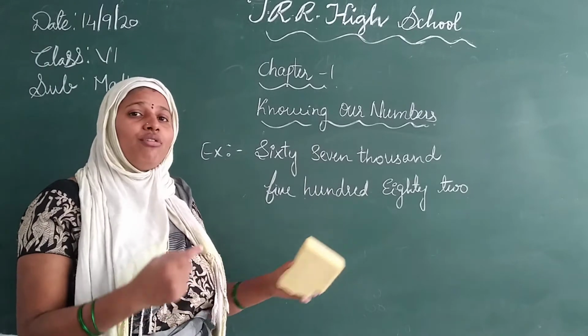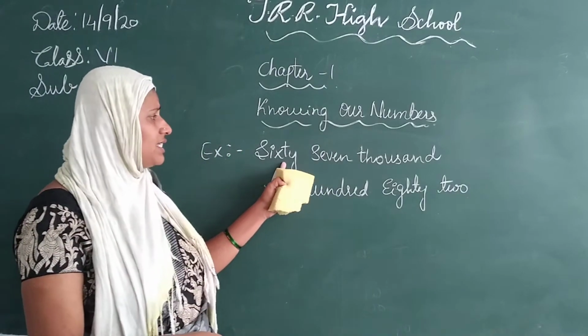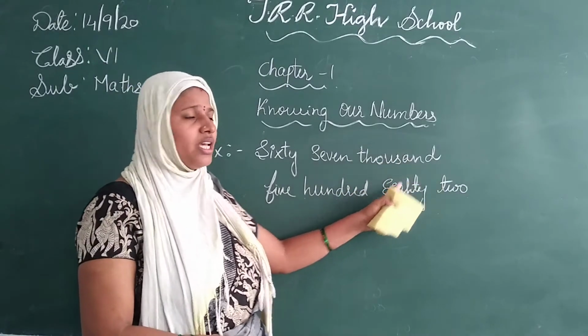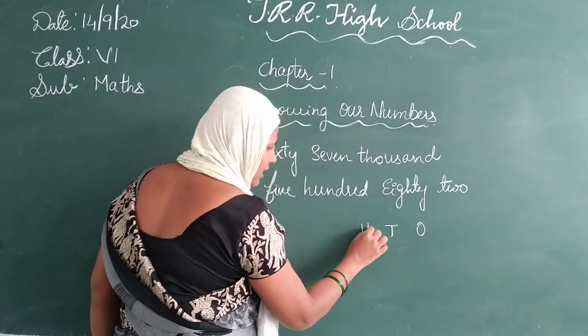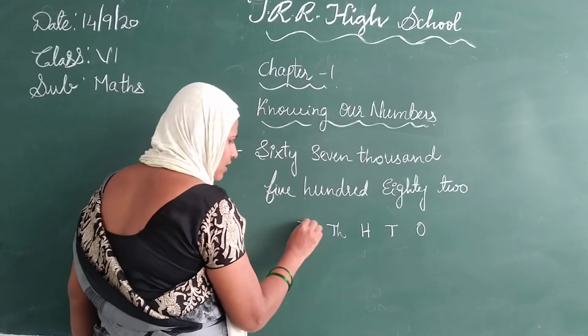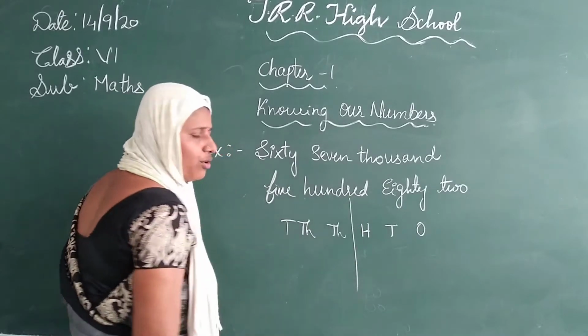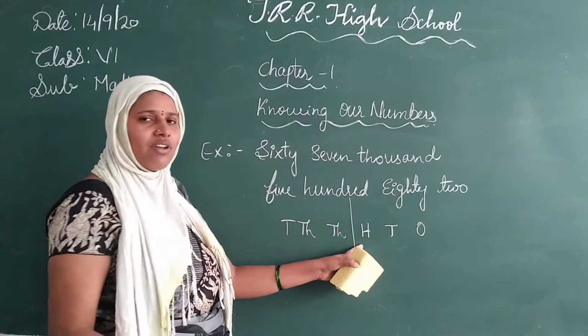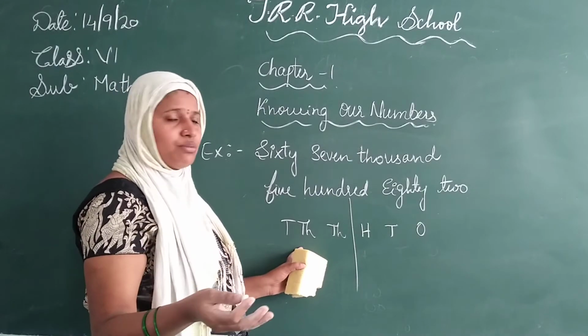For this you have to write the number. Now 67,000. We'll write the place values: ones, tens, hundreds, thousand and 10,000. What I said, you have to divide up to this. Ones, tens, hundreds will come under ones period, 1,000 and 10,000 will come under thousands period.